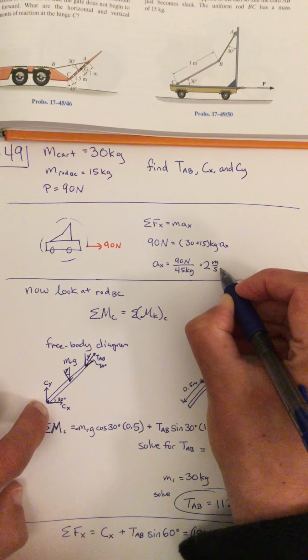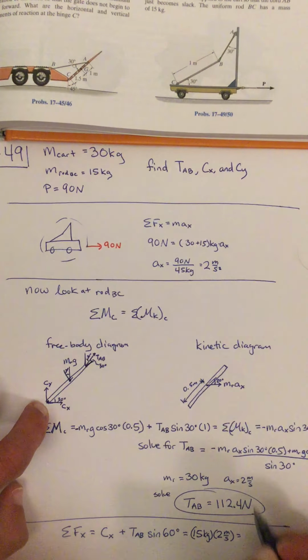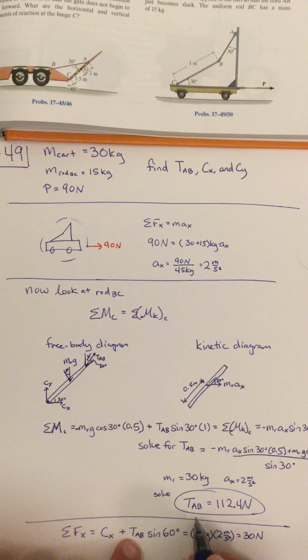Why did I say this is 2 meters per second squared? Okay, so fixing the units, that gives us 30 newtons. And then we know what the tension is. We can plug that in there. When you solve for C, bring the tension over to this side.